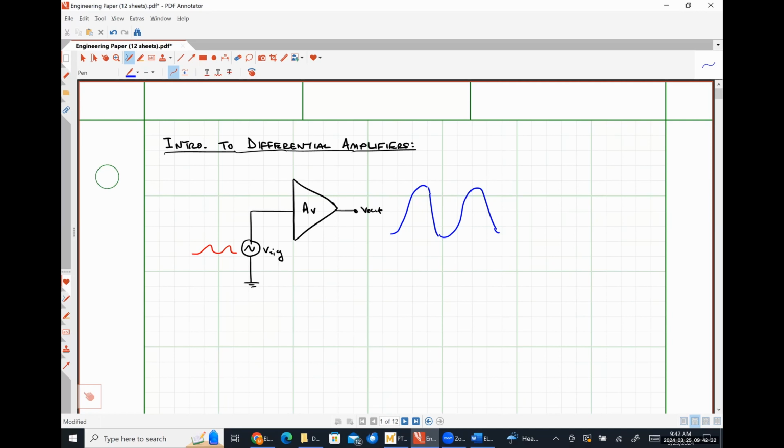Okay. So while a single-ended amplifier like this is useful for a lot of applications, it does have drawbacks and limitations, particularly if we have some sort of noise or unwanted perturbation in our system.